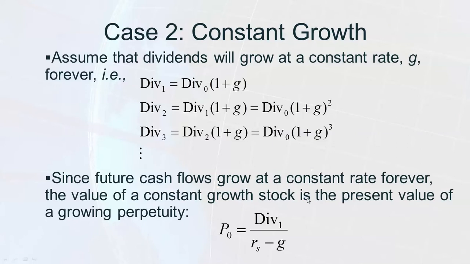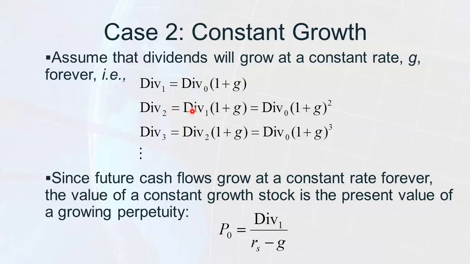Case 2 is the constant growth model. What it means is that the dividend in the future is going to grow at the same rate. Dividend 1 is going to be your dividend right now, dividend 0, times the growth rate for that year.